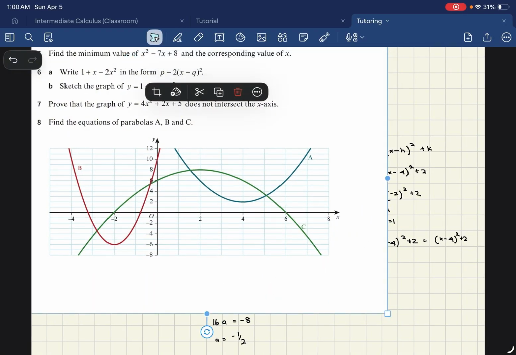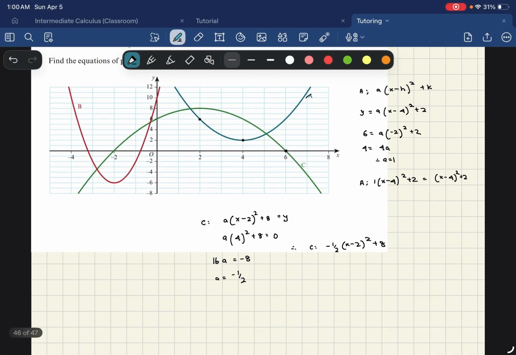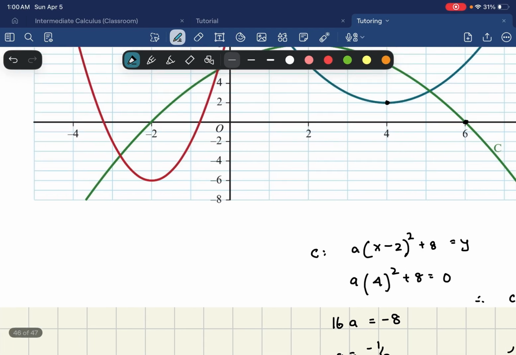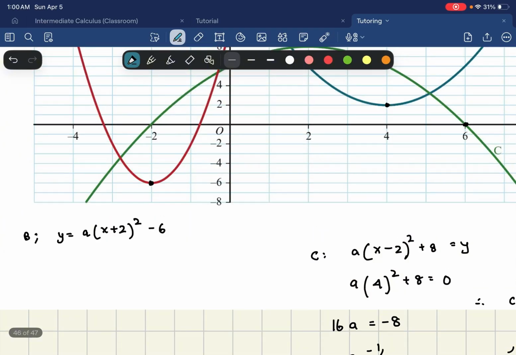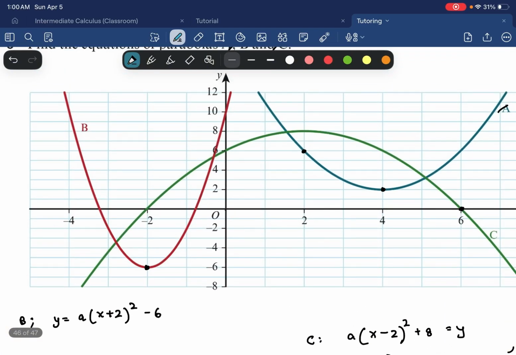And now for B. We are going to use the same trick. So y is equal to a(x minus h) squared plus k. And we know h is just negative 2. So minus of minus 2, that gives me plus 2. And k is just negative 6. All right. And do we know any other point? Well, if x is 0, y is 10.